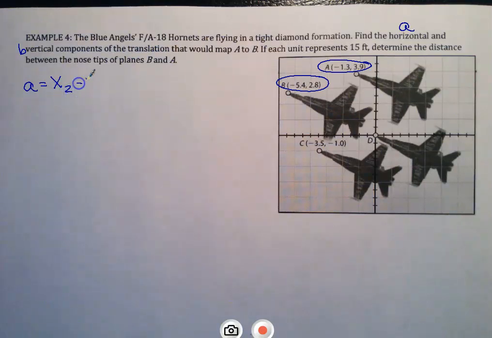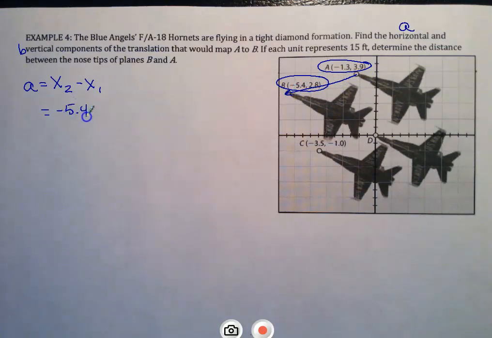X sub 2 minus X sub 1. Okay? So what's my X2? Is it the B? I'm going from mapping A to B. So it's, yeah, it's -5.4.